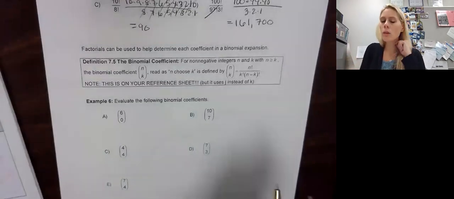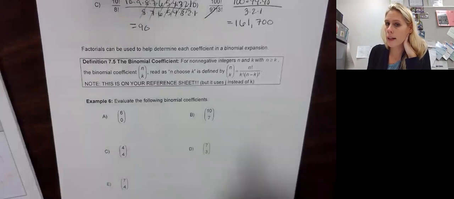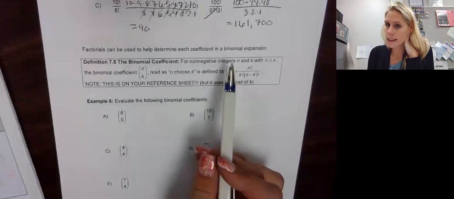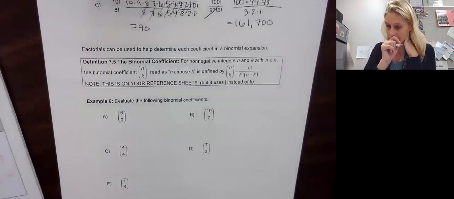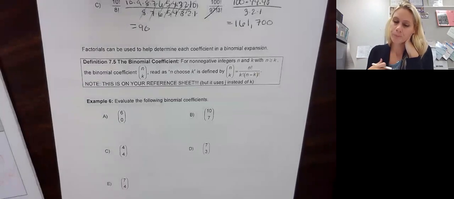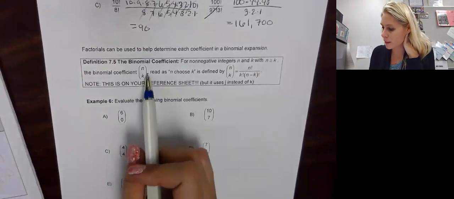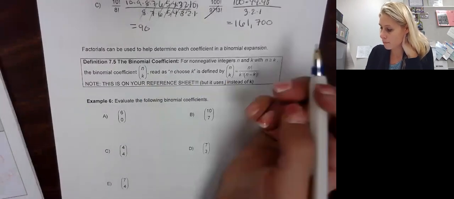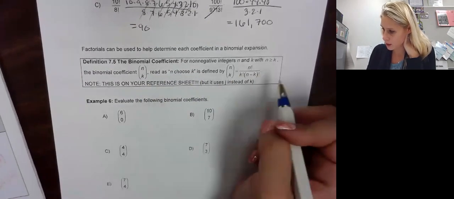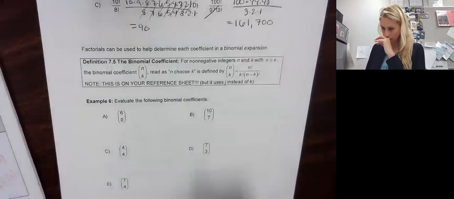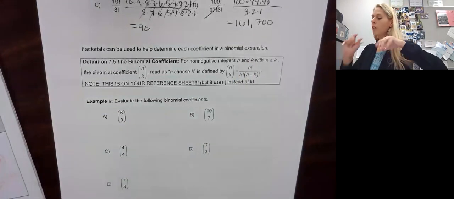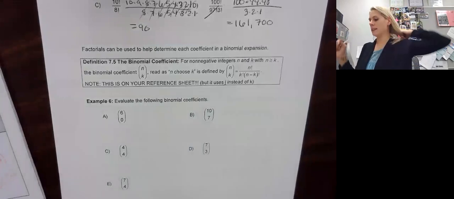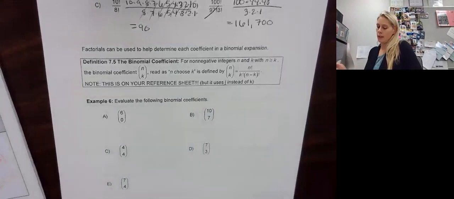So the binomial coefficient, that's what we're looking for, right? For non-negative integers n and k, where n is greater than k, the binomial coefficient reads as n choose k, and is defined by this. So anytime we see this, we're going to put n factorial over k factorial times n minus k factorial.